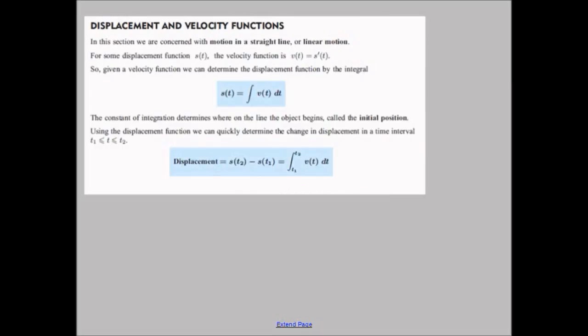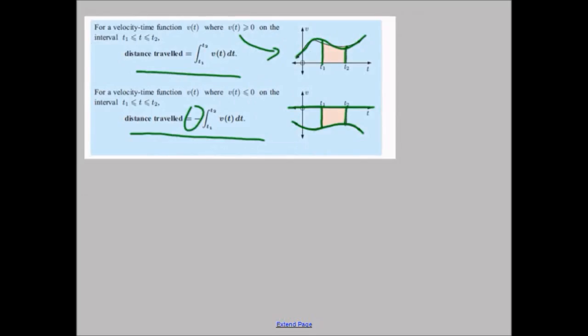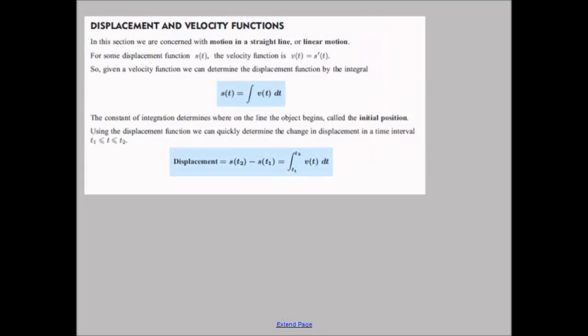Displacement and velocity functions. Okay, so before we were talking about total distance, up here on this side, we were talking about distance traveled. Now we're talking about displacement. If we're looking at displacement, we need to look at the integral function of the velocity, s of t2 subtract s of t1.